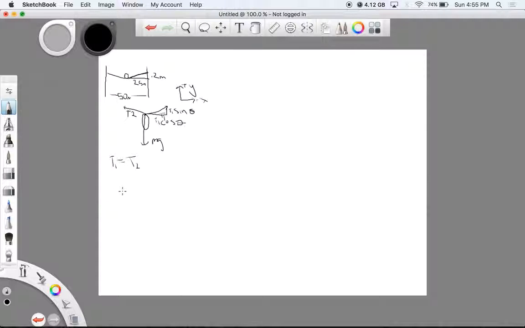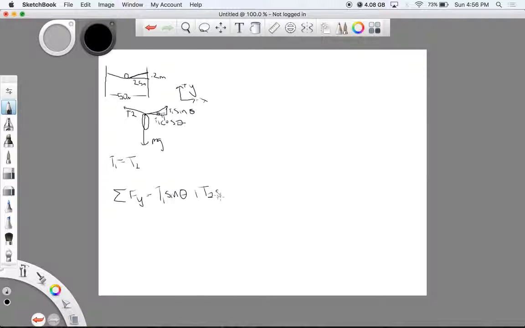Okay, so let's add up our forces in the y direction, and then we can figure out what the tension equals. The sum of all forces in the y direction is T1 sine theta plus T2 sine theta minus mg, and we know that T1 sine theta and T2 sine theta are the same because the angles are the same, since the lengths of each part of the triangle are the same.